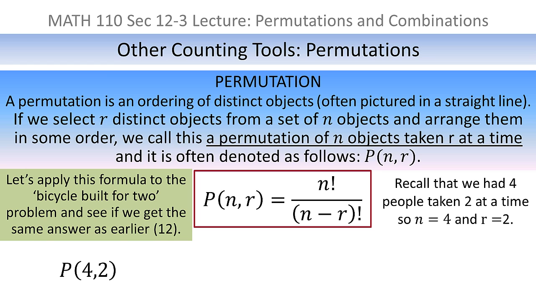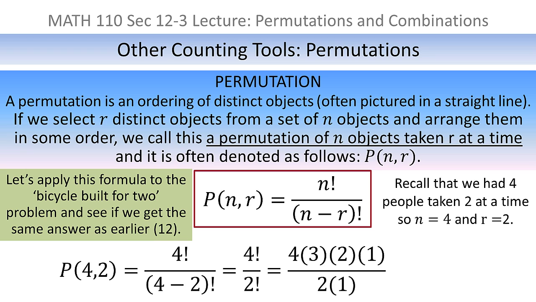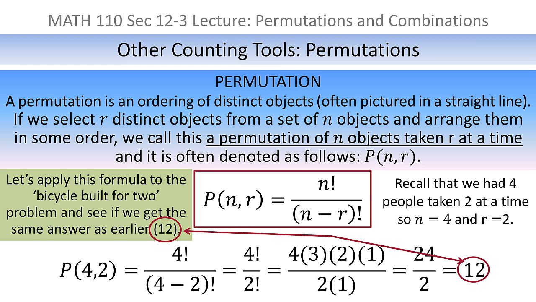If I plug 4 in for n and 2 in for r, I end up with a fraction with 4 factorial on the top and 2 factorial on the bottom. Now remember, 4 factorial is simply 4 times 3 times 2 times 1, and 2 factorial is 2 times 1. And of course that gives us 24 over 2, which is 12. So it's exactly the same answer.